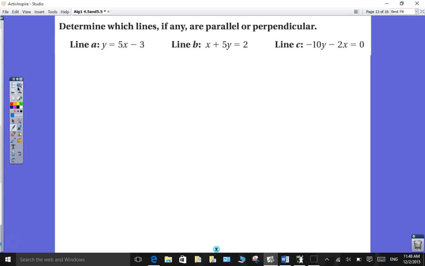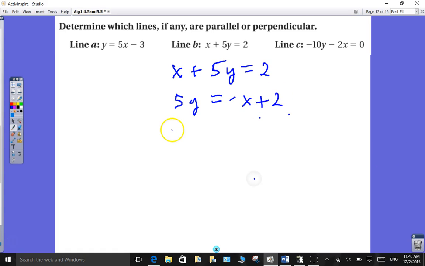Solve for y. This first one is x plus 5y equals 2. I'm going to subtract x. 5y equals negative x plus 2. Divide by 5. y equals negative 1/5 x plus 2/5. Okay, the next one, I'm going to add 2x.